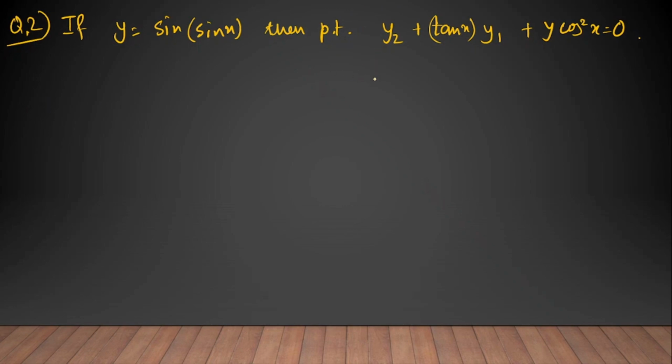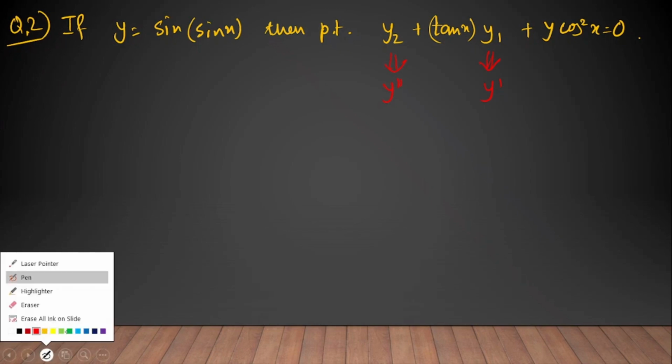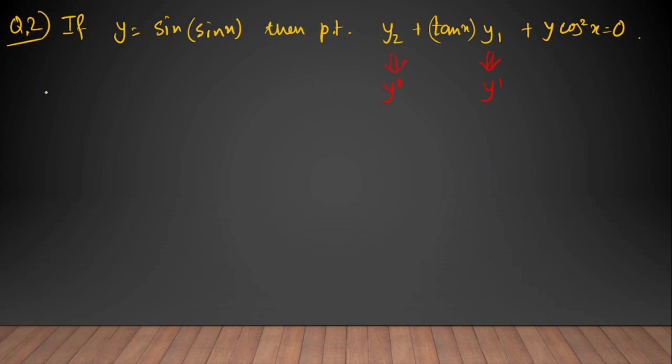Okay, so first of all, I am clarifying that y2 is y double dashed and y1 is y dashed. First we have to take the derivative for y1. So what will be y1? We have y equals sine of sin x. So y1, that is y dashed x, will be cos of sin x into cos x.